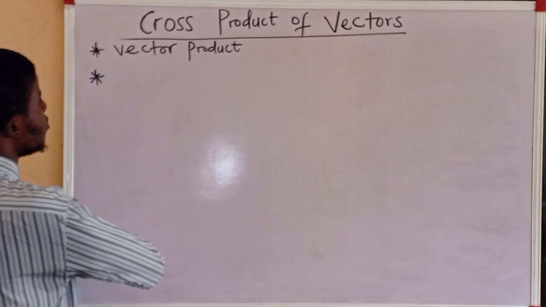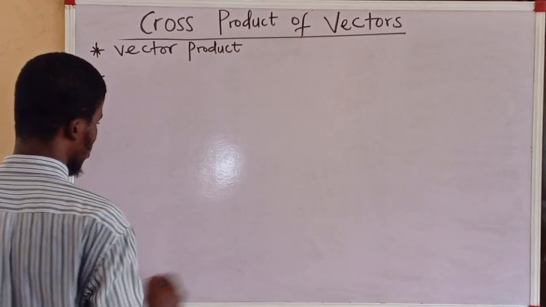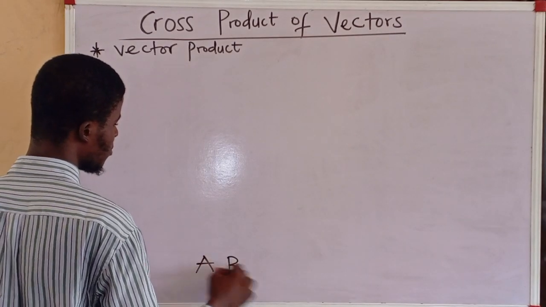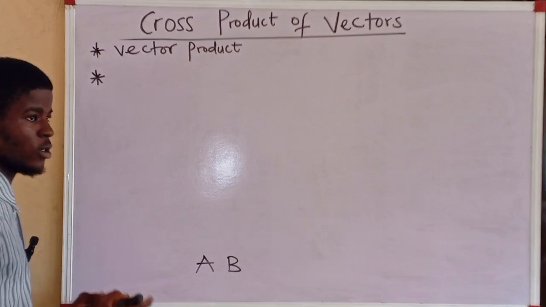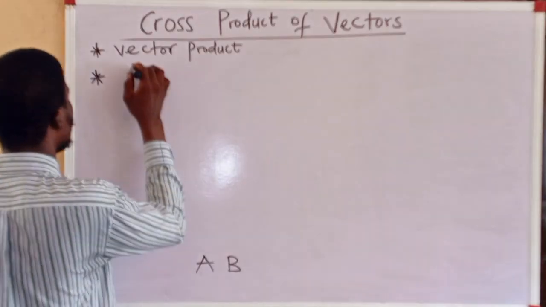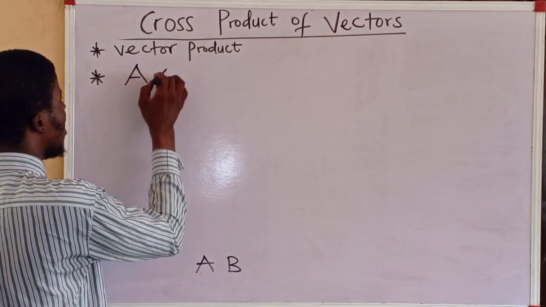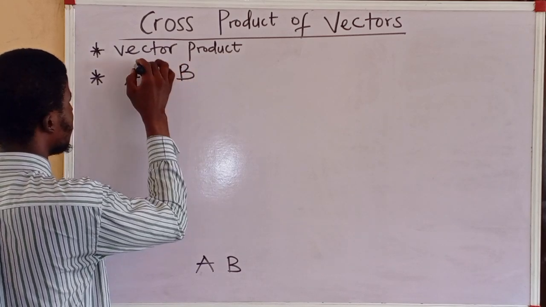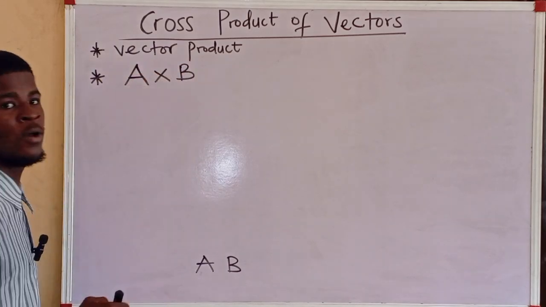If I have two vectors A and B, the cross product or the vector product of A and B is written as A times B. This is for cross product.